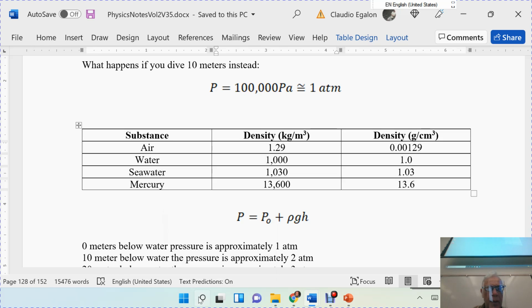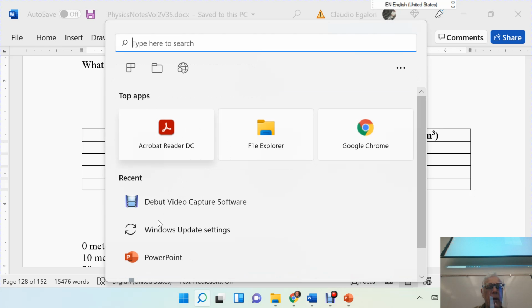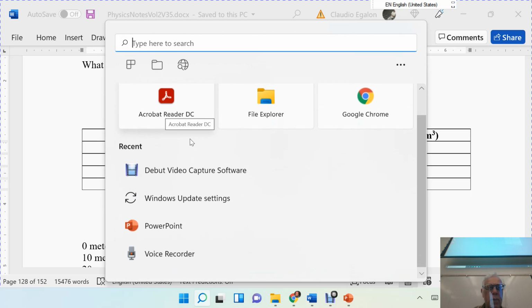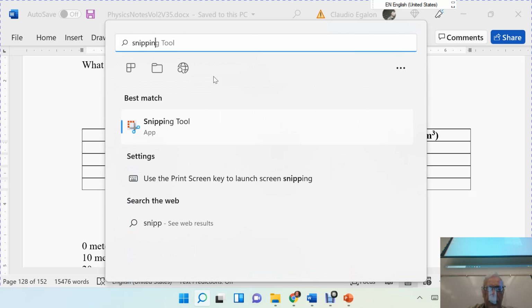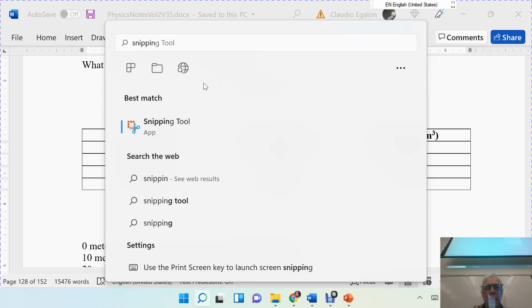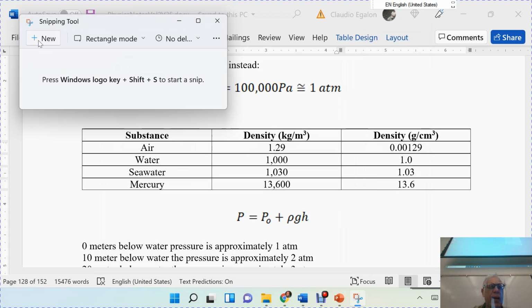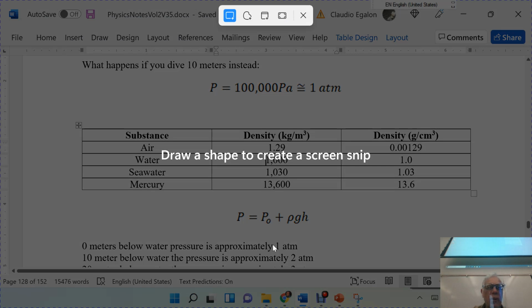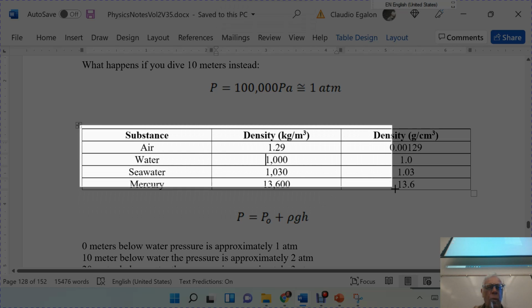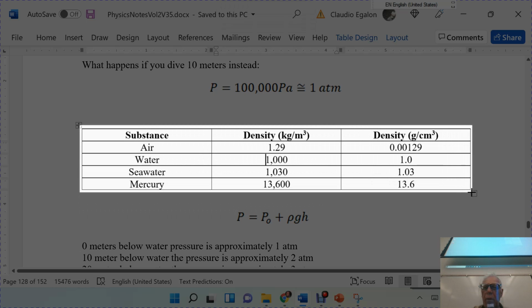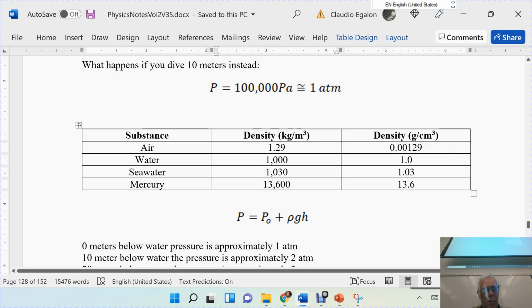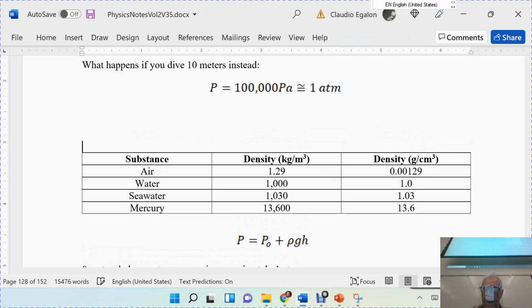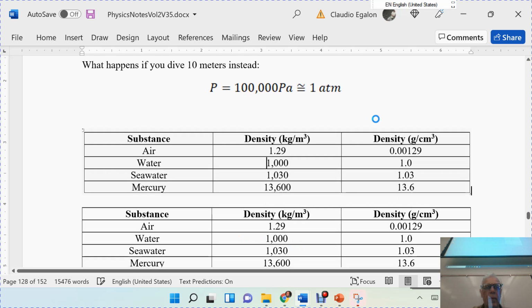So now you can start playing games with this thing, and I'm going to show you a very interesting result that we get for mercury when it comes to buoyancy.